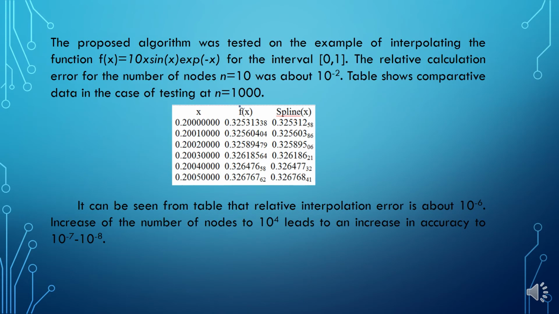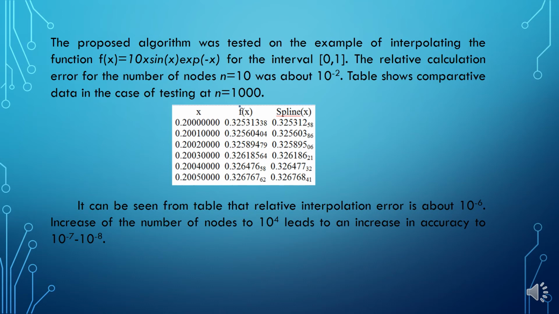The proposed algorithm was tested on the example of interpolating the function on the interval 0, 1. The relative calculation error for the number of nodes n equals 10 was about 10 to the power minus 2. The table shows comparative data in the case of testing n equals 1000.